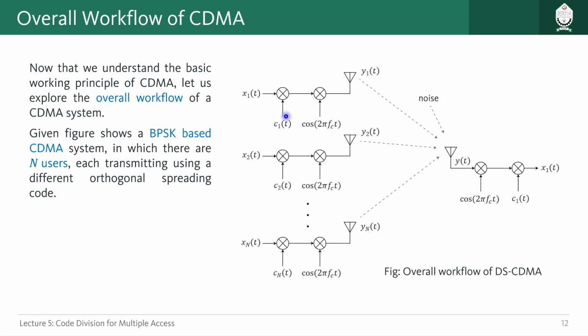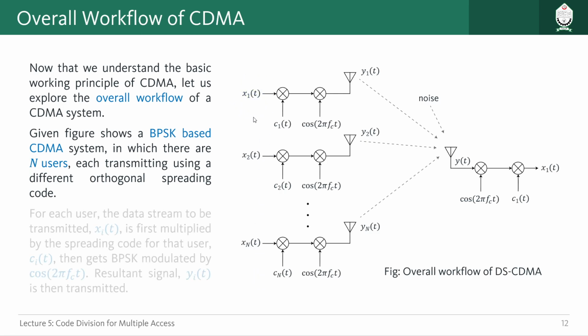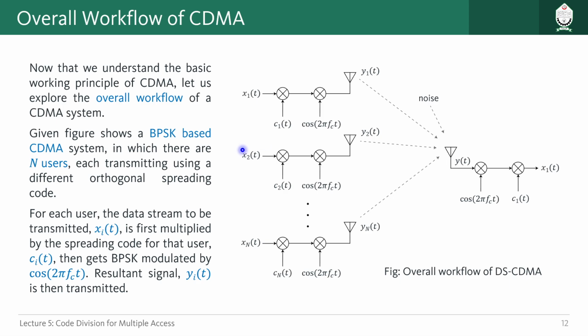So these orthogonal codes are here, C1, C2 up to C of n for each of these users. User 1 is trying to transmit x1, user 2 is trying to transmit x2, up to x of n, and for each of the users there will be a unique orthogonal or almost orthogonal code assigned, which is C1, C2 up to C of n.